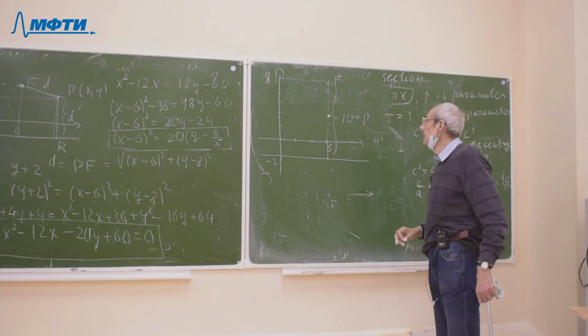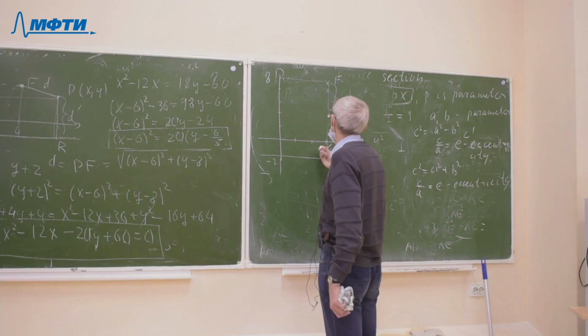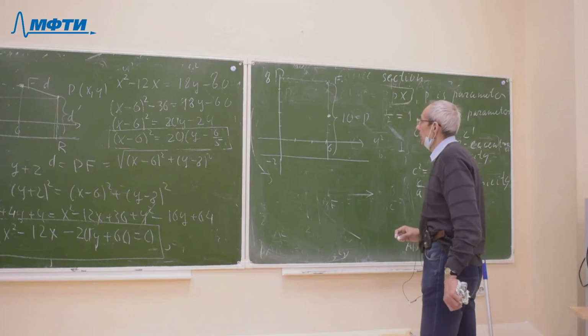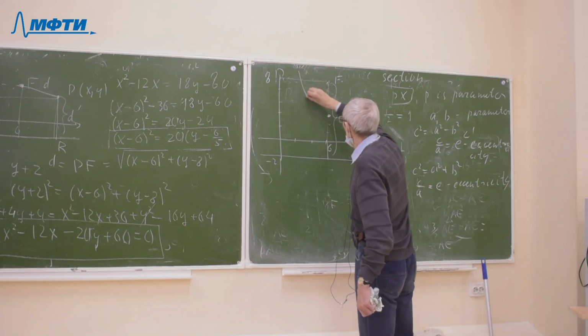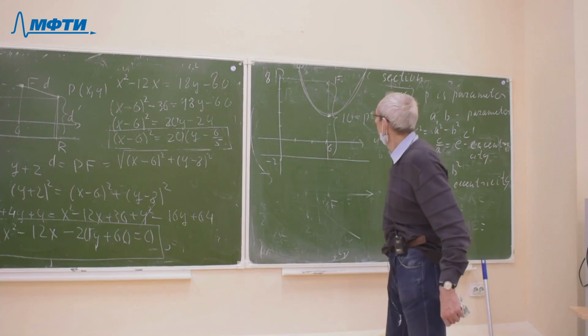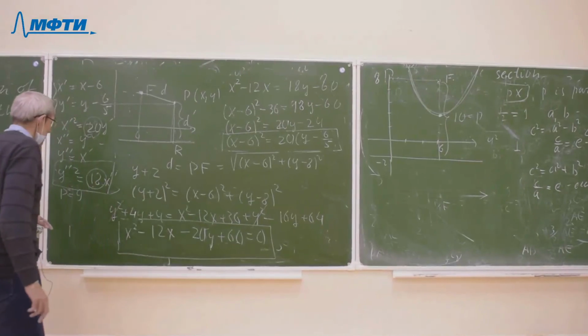This point with coordinates 6, 5 is the vertex of the parabola.